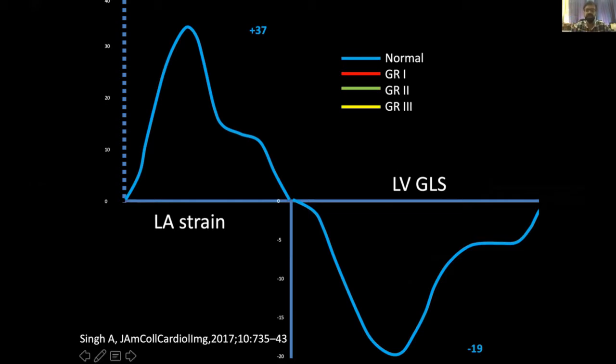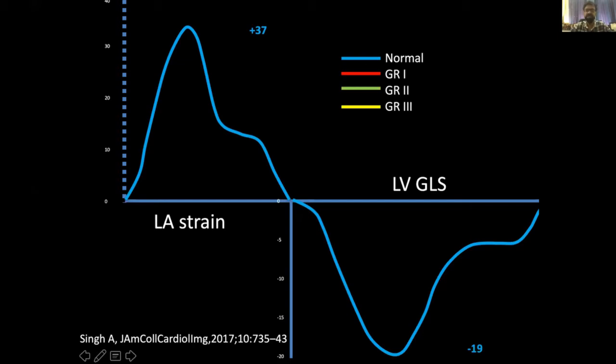So this is normal, and we discussed yesterday the left ventricular global longitudinal strain is around -19. Anything more than -19, -20, -21 is normal. And the left atrial strain values are always in the positive phase because the atrium is relaxing when the LV is contracting. So normal is more than +35, and in normal it is around +37.